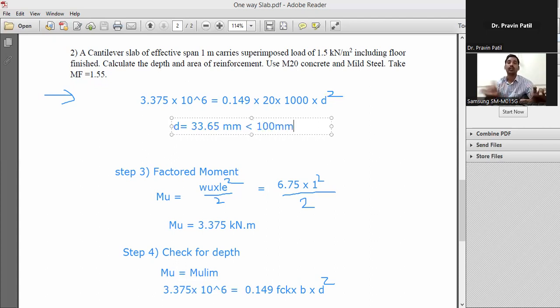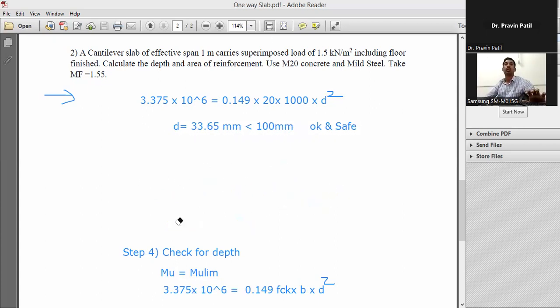So it is okay and safe. We just checked whether the slab depth provided is okay or not.